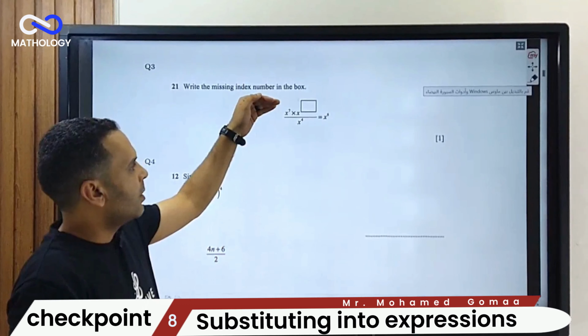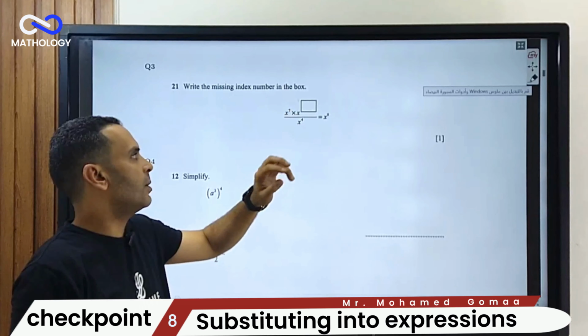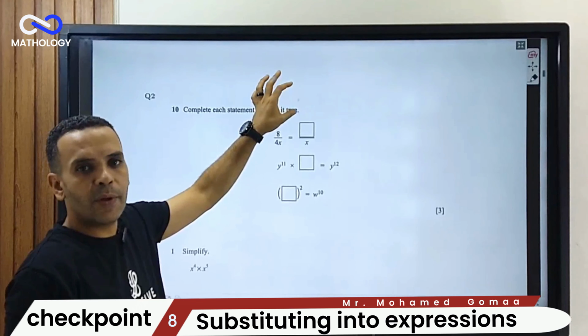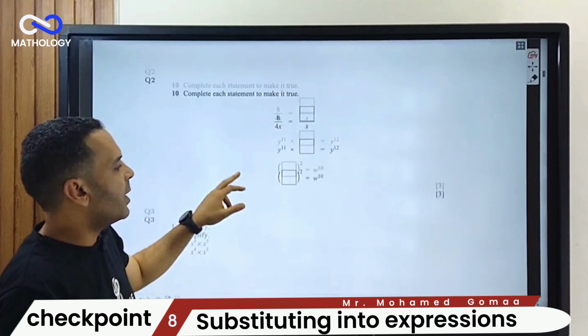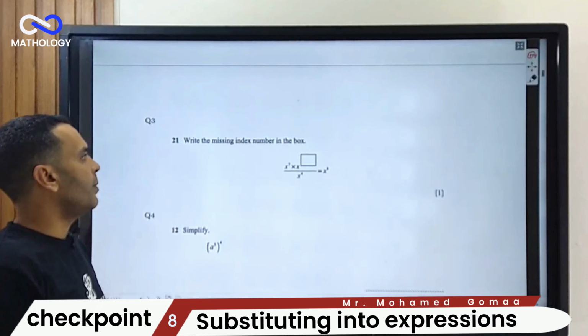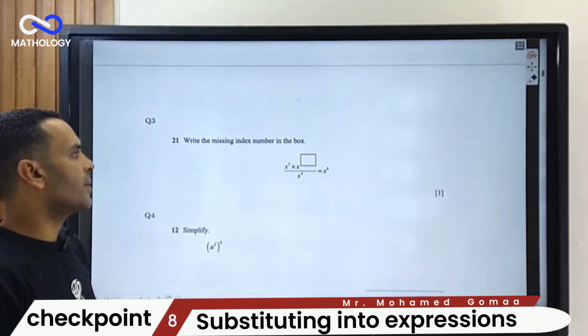Okay? And in the numerator, we have a multiplication operation. We will get a number. When you divide this number, write the missing index, the singular of indices, index number in the box.